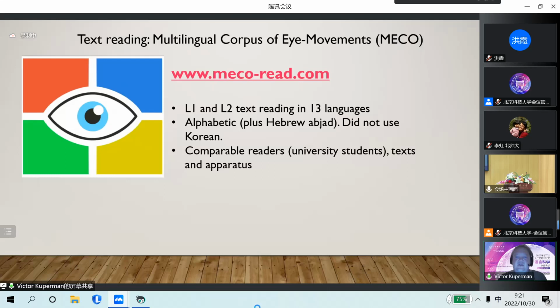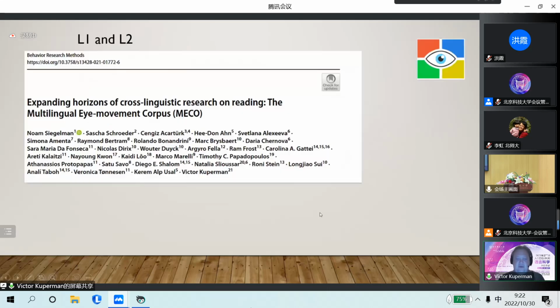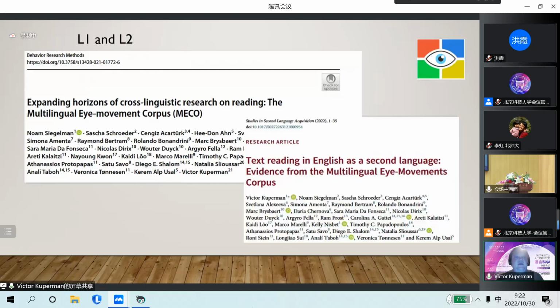So it has good methodological uniformity between all samples. We've published 2 papers so far on this corpus, presenting results of the L1, so reading in the first language, and L2, reading in the second language parts.